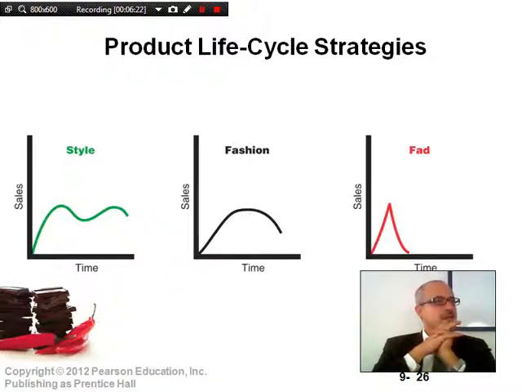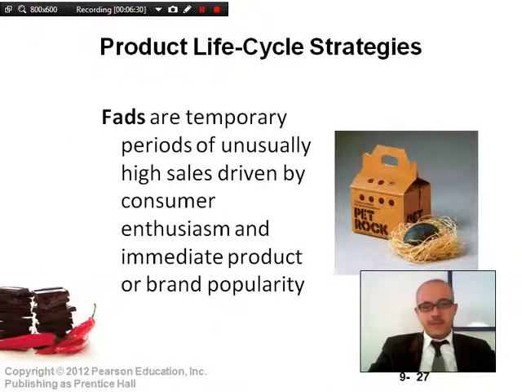They're no longer the fashion; it went very quickly up and down. Fads are temporary periods of unusually high sales driven by consumer enthusiasm and immediate product or brand popularity. This is a pet rock that also went very fad.